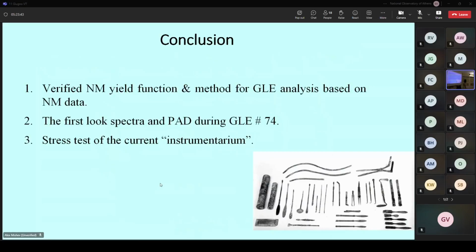Those are tools for tooth extraction from the beginning of the previous century. So at least some of the other instrumentarium is dated about 50 years. And even more so the Levenberg-Marquardt and ridge regression. And for this particular event, the analysis was very similar to a tooth extraction.